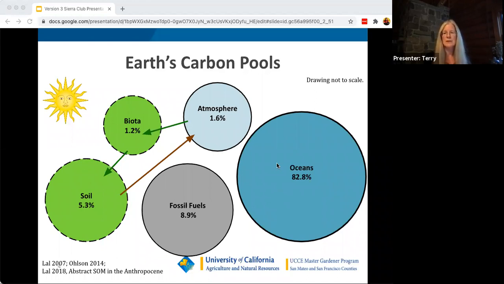And our atmosphere is heating up due to the extra greenhouse gases we're emitting. But we can focus on life, biota, the carbon that is held in living organisms. As we all know, all living organisms, from trees to humans, are made primarily of carbon.